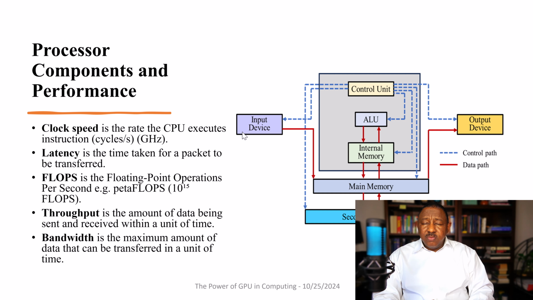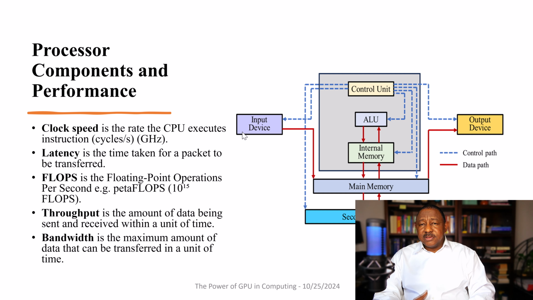So when we talk about this, we also have to talk about the performance of computing systems, and we need four metrics that measure the performance. One of these is clock speed, which is measured in gigahertz, or the number of cycles per second. Also latency, as we said, is the time taken for a specific operation to be completed.